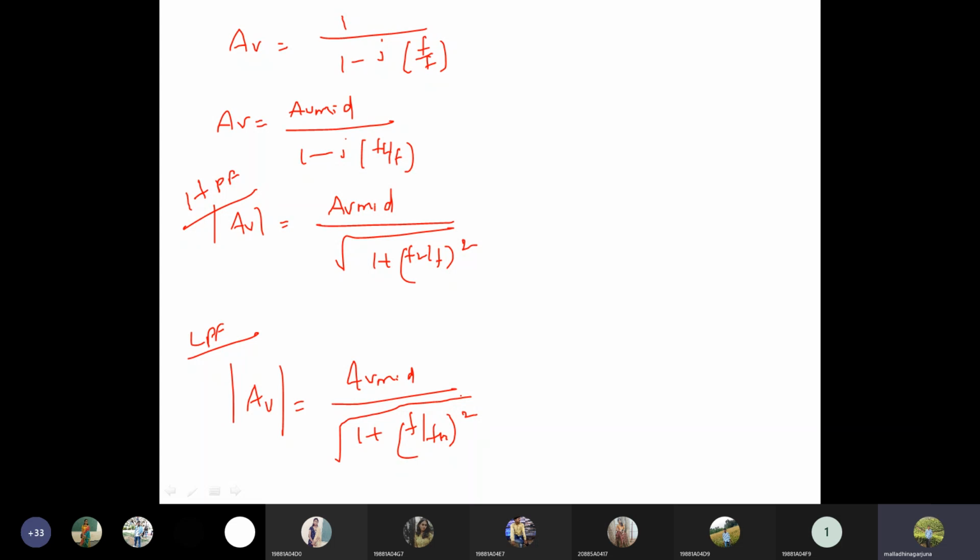So these are the lower cutoff frequency and upper cutoff frequency equations for the single stage. At F is equal to FL, AV is equal to AV mid by root 2. Also at F is equal to FH, AV equal to AV mid by root 2.